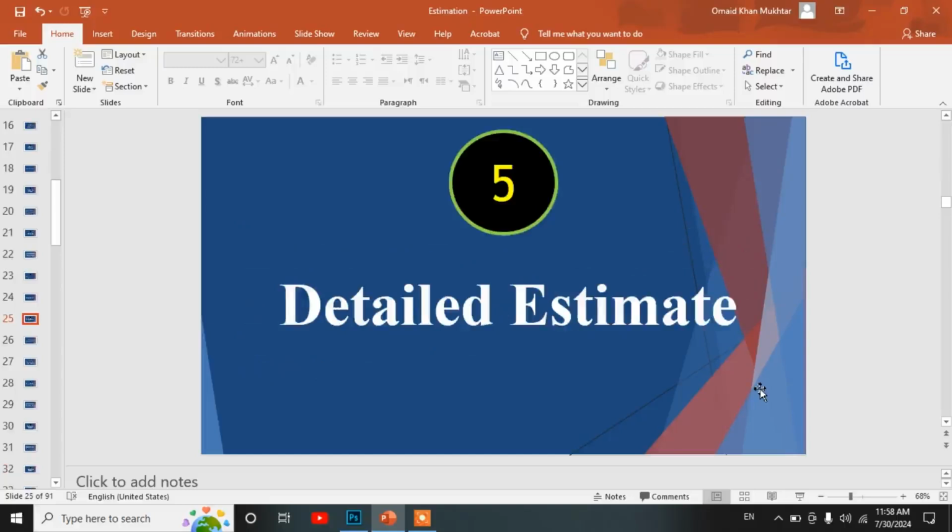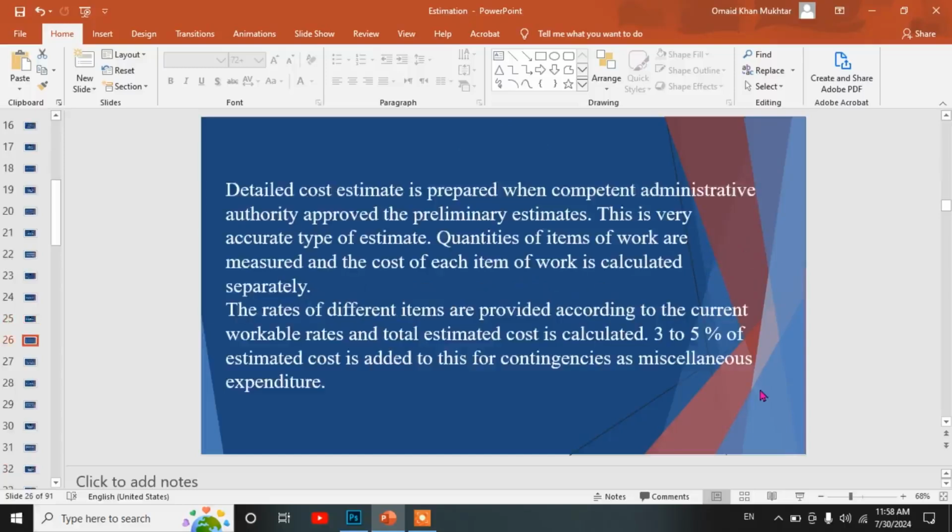Fifth, detailed estimate. Detailed cost estimate is prepared when the competent administrative authority approves the preliminary estimates. This is a very accurate type of estimate. Quantities of items of work are measured and the cost of each item of work is calculated separately.